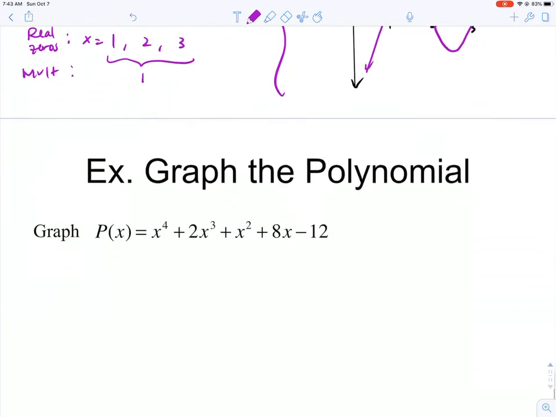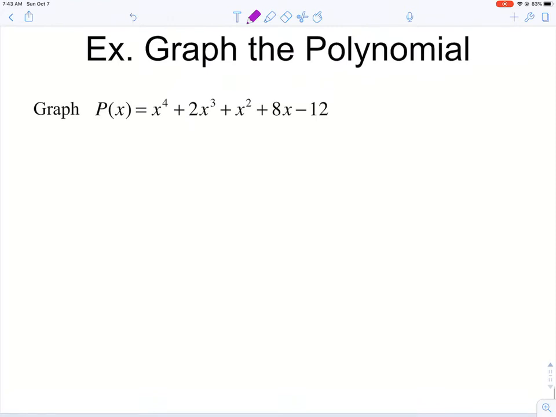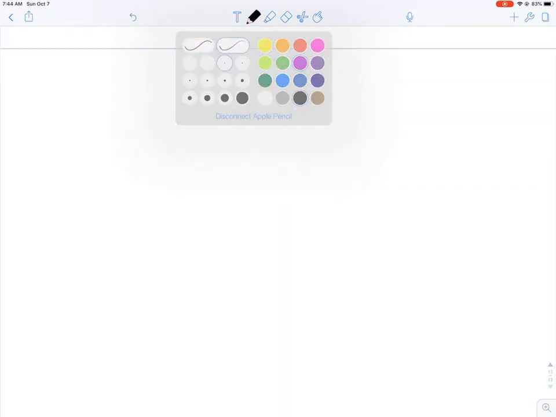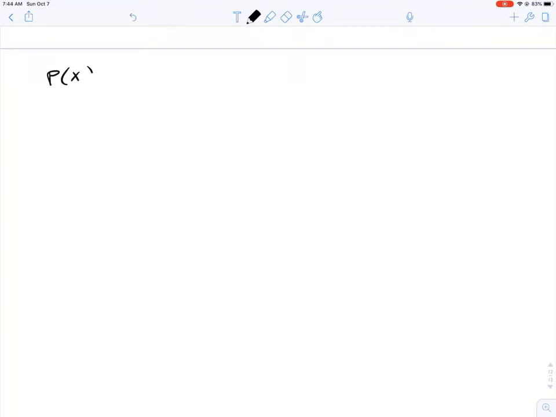Now before we graph this last polynomial, I do want to give you guys an example of a polynomial with a leading coefficient other than 1. So let's say that's our polynomial, and we wanted to factor using the rational root theorem.